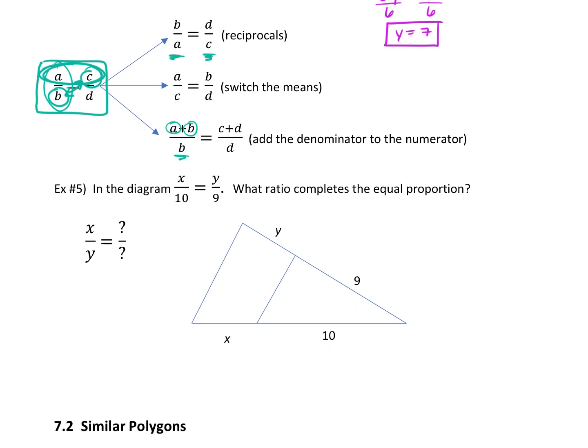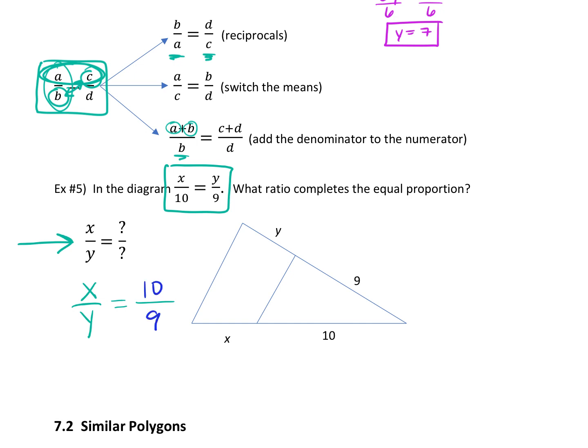So, okay, here's what you're going to do with this. They're going to say you have this diagram, and in this diagram, x over 10 equals y over 9. Let's write that proportion a different way. So if it's x over 10 equals y over 9, and now they say this, x over y would have to equal what over what? 10 over 9.